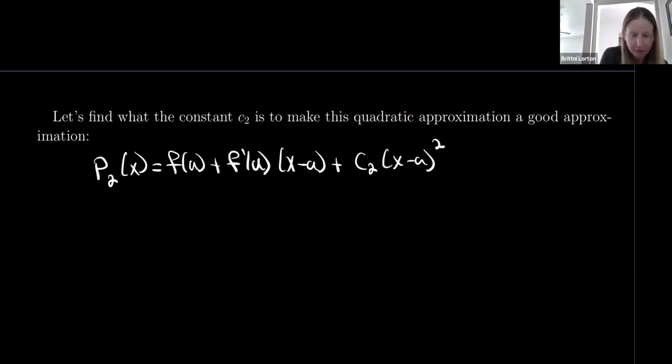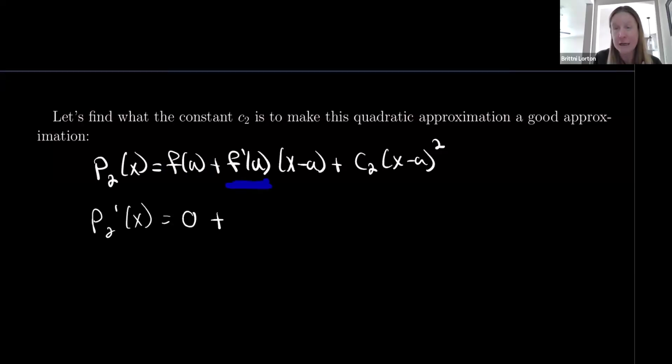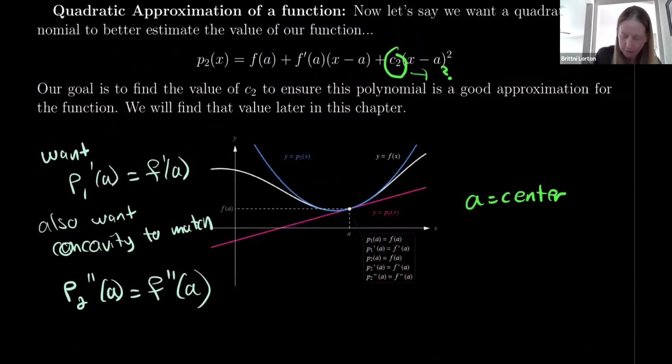I'm going to take the first derivative of that function. a is a number, so f of a is a number and its derivative is 0. f prime of a is also a number, a constant multiple, so it stays. So f prime of a, and then the derivative of x is 1 and the derivative of a is 0. We don't need to write those, but they are there. Plus, oh, so sorry about that.